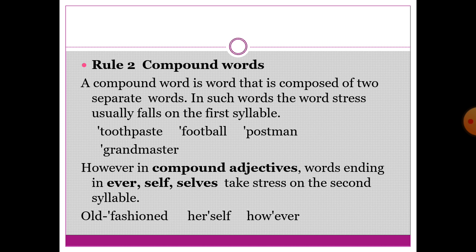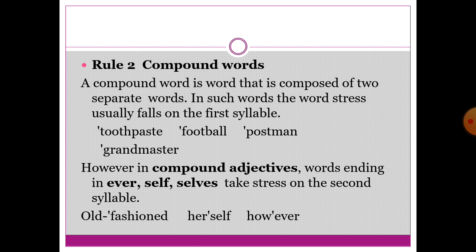He is an old fashioned man. So old fashioned is an adjective here, that's why it is a compound adjective. In compound adjectives and words ending with ever, self and selves, the stress is on the second syllable.